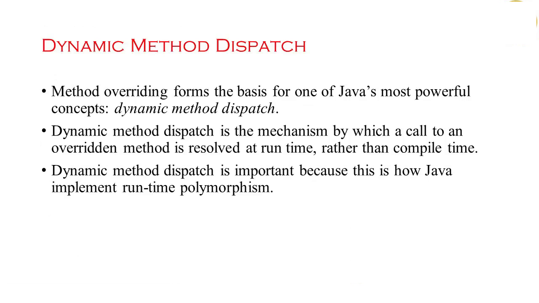dynamic method dispatch. Method overriding forms the basis for one of Java's most powerful concepts, dynamic method dispatch. Dynamic method dispatch is the mechanism by which a call to an overridden method is resolved at runtime rather than compile time. Dynamic method dispatch is important because this is how Java implements runtime polymorphism.